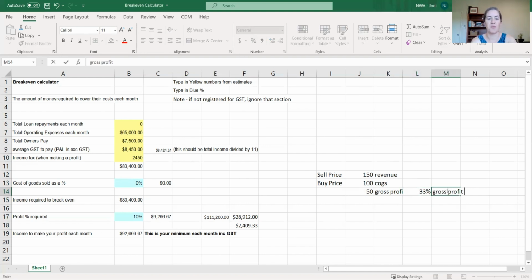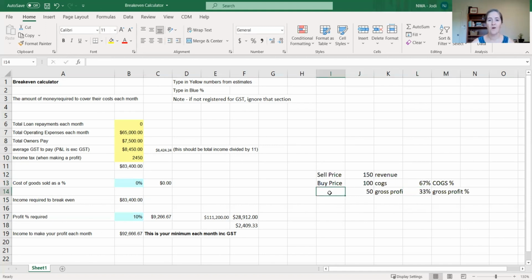Gross profit percentage, and your cost of goods sold percentage is 100 divided by the 150. Right. So your cost of goods percentage here is 67%.